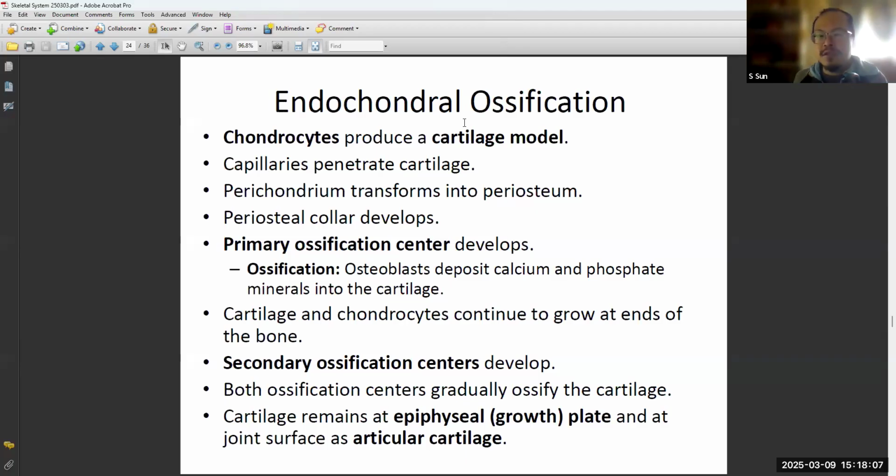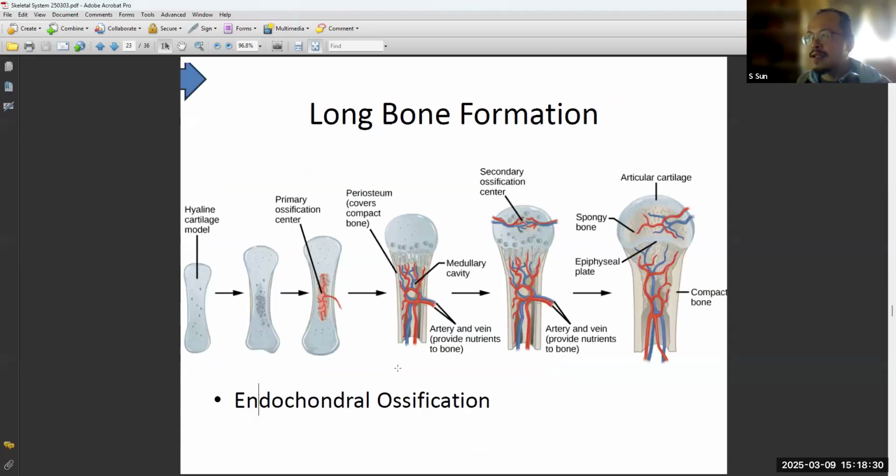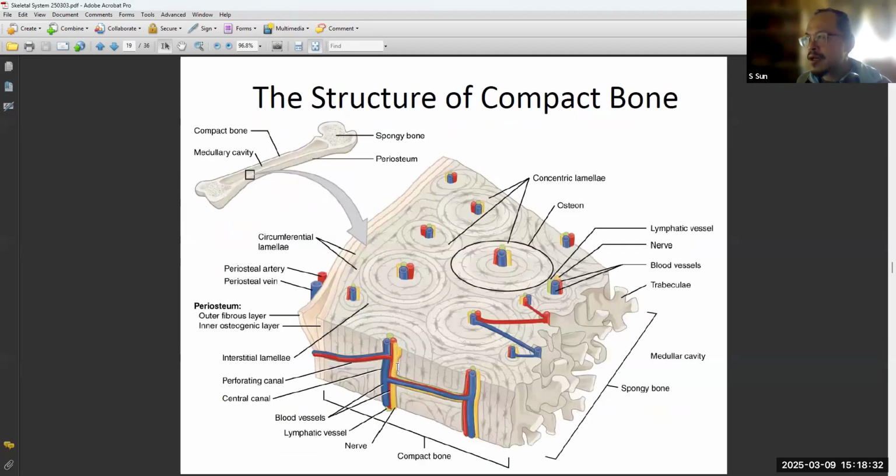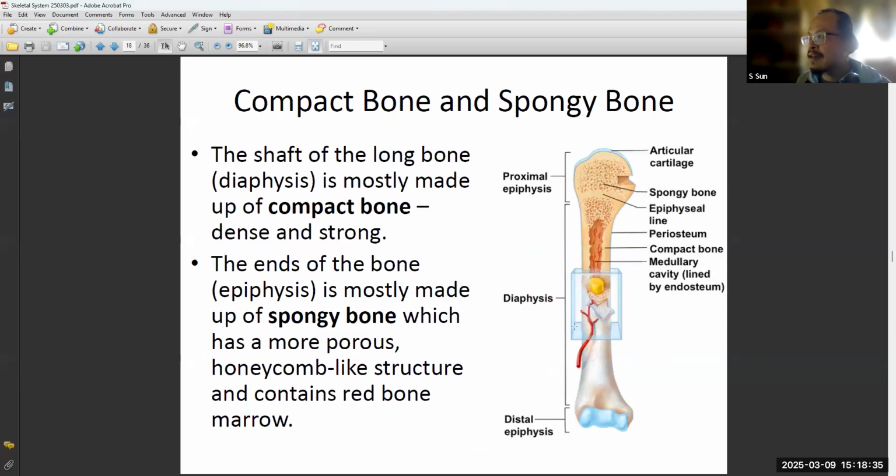And the next thing you need to know is that for the long bone we have two ossification centers. One is called primary, the other one is called secondary. This can connect with what we have learned, that long bone has three segments. Going back to here, the diaphysis is formed by the primary ossification.